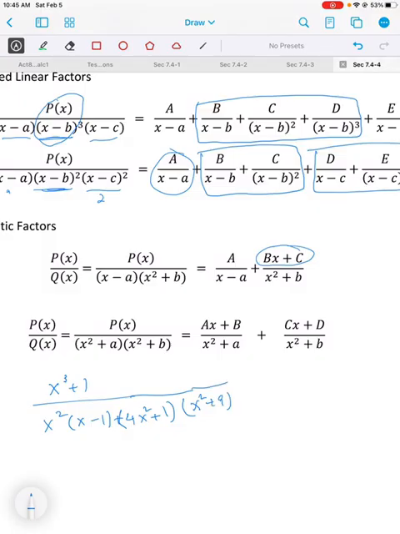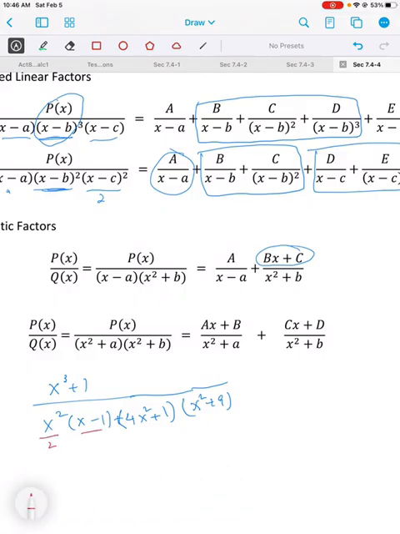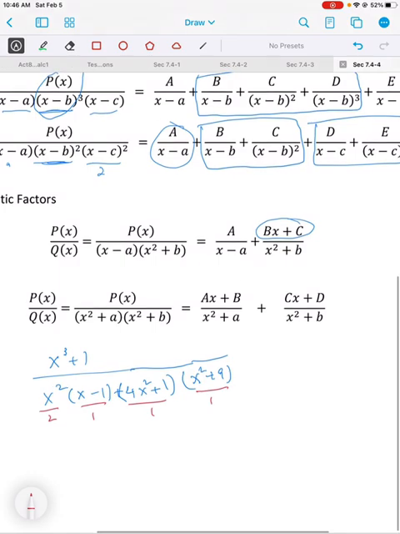So you can see, let's count how many fractions will be in our expansion: 2 from here, 1 from here, 1 from here, and 1 from here. So how will you write them?